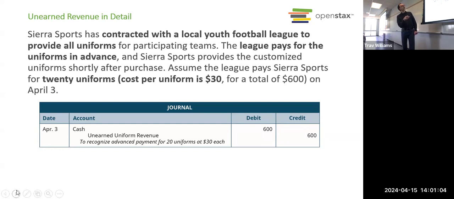It's 20 uniforms at $30 each, so the company got $600 in cash. We debit cash, right? Have they provided the uniforms? No. So they have unearned revenue. Notice they added the word uniform, so it says unearned uniform revenue, but it's still unearned revenue.